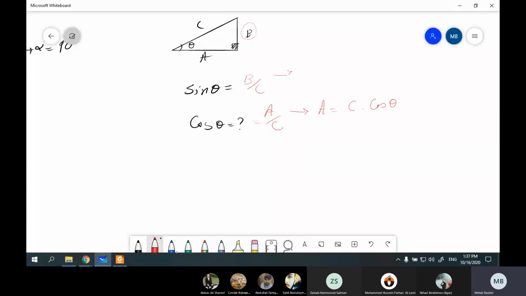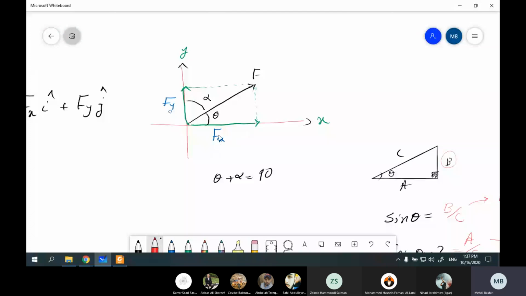And B is C dot sine of theta. Okay, so we can use these equations to find Fx and Fy.